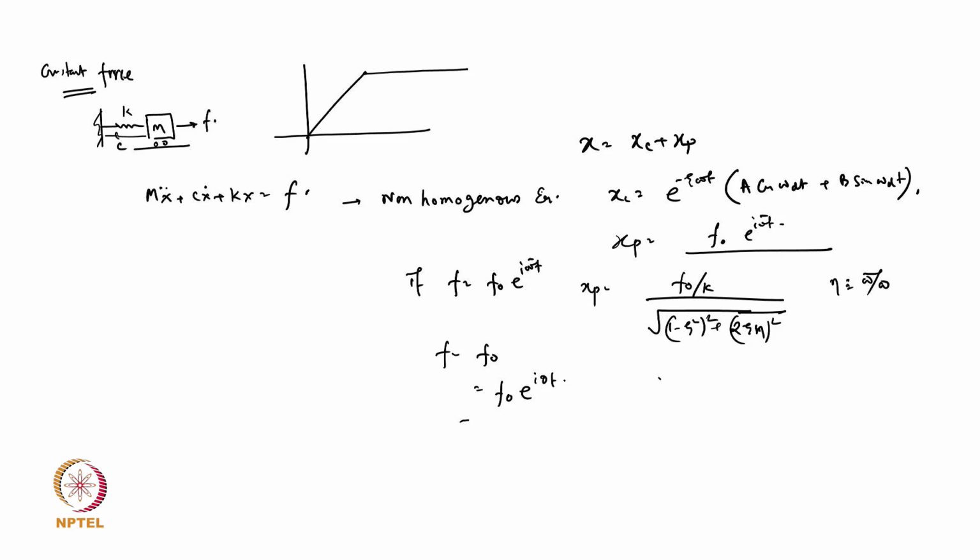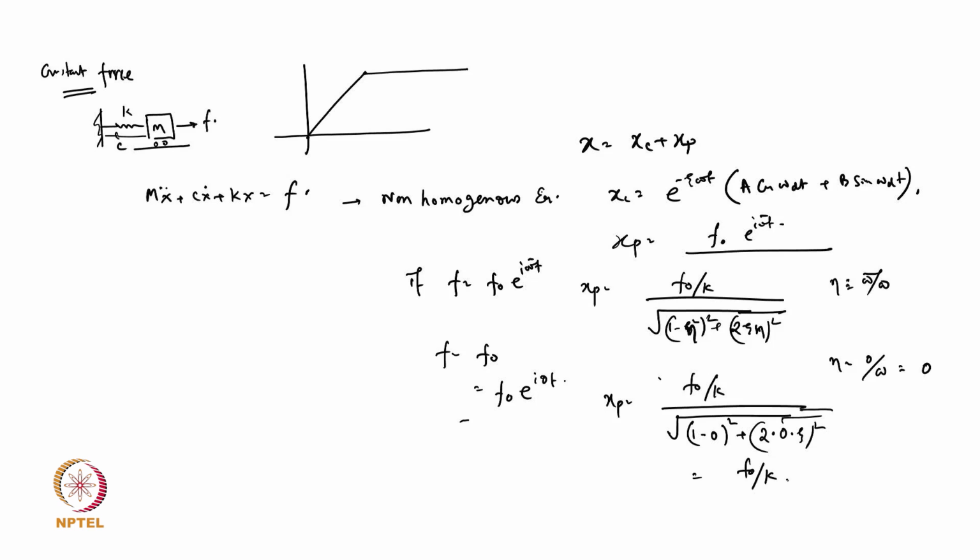So if I put it here, 0 by ω, it will become 0. So what will be my xp? Sorry, this is eta, not j. So 1 minus 0 whole squared plus 2 into 0 into ξ. So everything will be f0 by k. So what will be my solution?